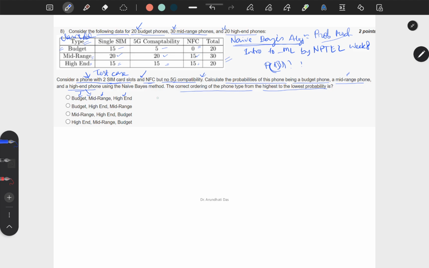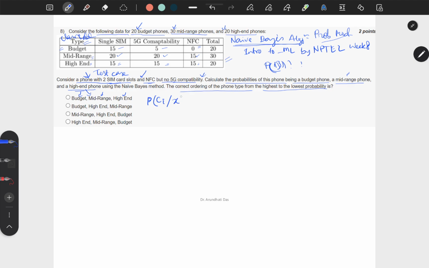Now quickly recall what the naive-Bayes algorithm is. The model or hypothesis for it is probabilistic: the probability of a class level Ci. This class level can be class 1, class 2, class 3. Here the class levels are budget, mid-range and high-end.